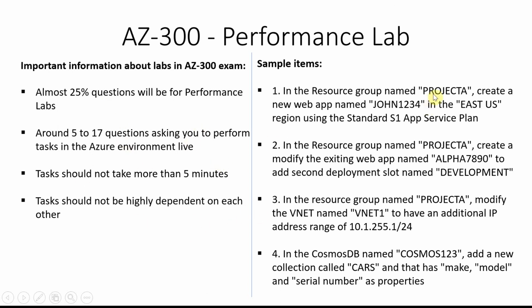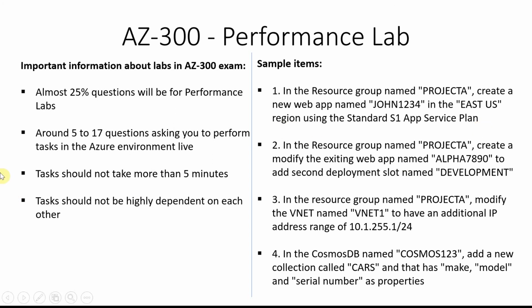So here are some sample items that you get in the lab. For example, they will say in the resource group named Project A, create a new web app named this in the US East region using a standard S1 app service plan. So this is an example, right?